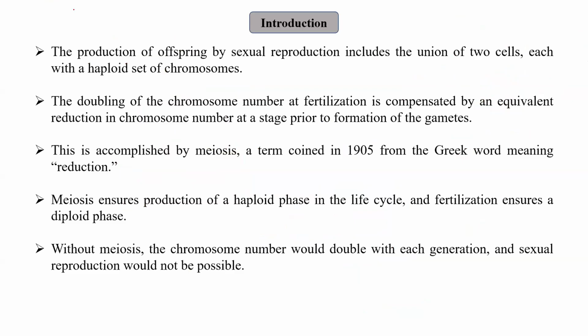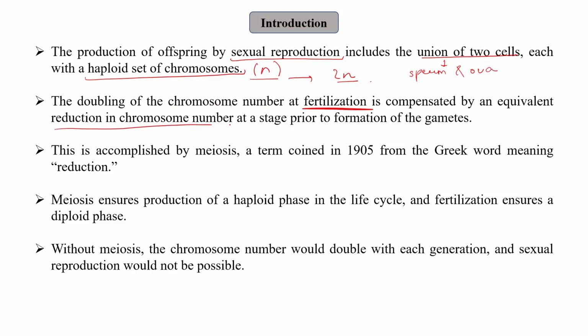So the production of offspring by sexual reproduction includes the union of 2 cells, that is, sperm and ova fuse, each with a haploid set of chromosomes. The haploid sets fuse to again give rise to the diploid cell. So the doubling of the chromosome number at fertilization is compensated by an equivalent reduction in the chromosome number at a stage prior to the formation of the gametes.